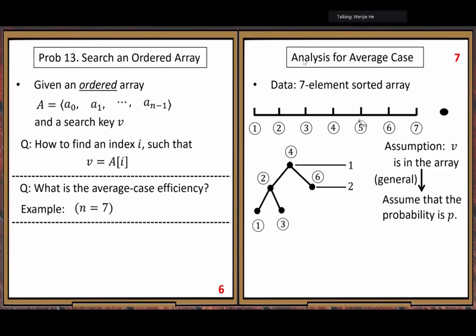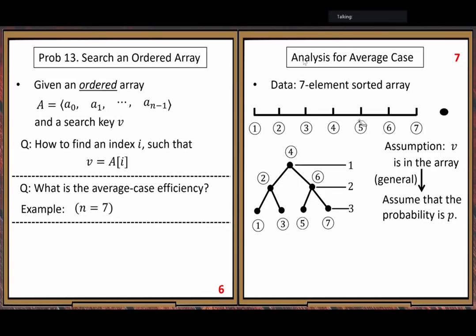Then the bottom level: the 2 branches of node 2 are node 1 and node 3, and the 2 branches of node 6 are node 5 and node 7. Now you can see you get a complete binary tree. All the levels are full. That's the meaning of a complete binary tree. The 4 elements at the bottom level need 3 comparisons.